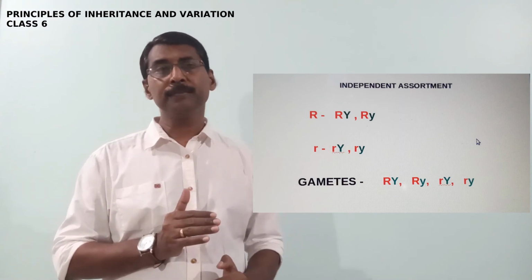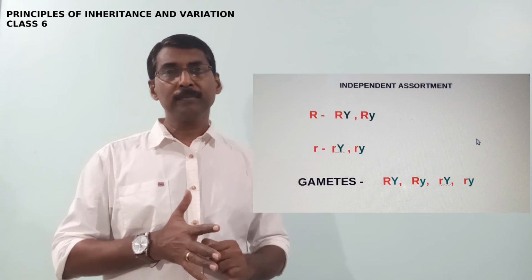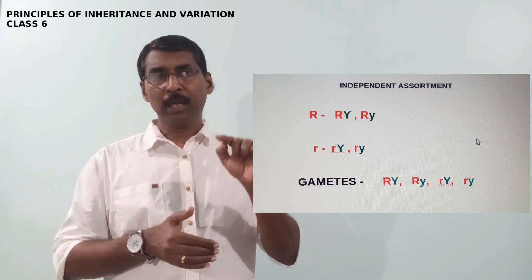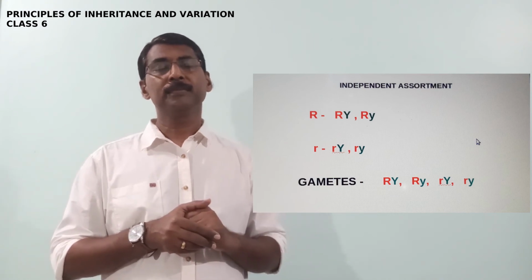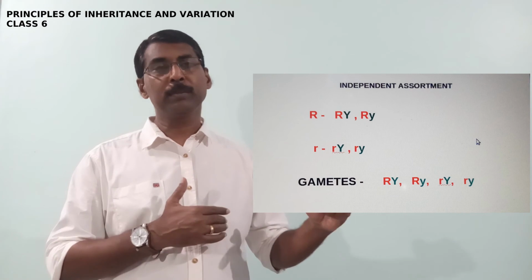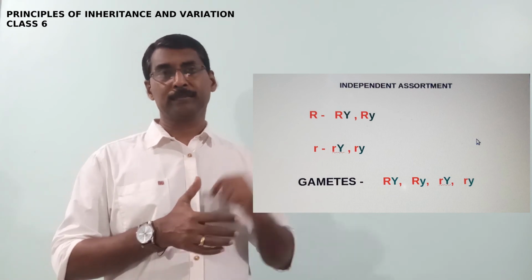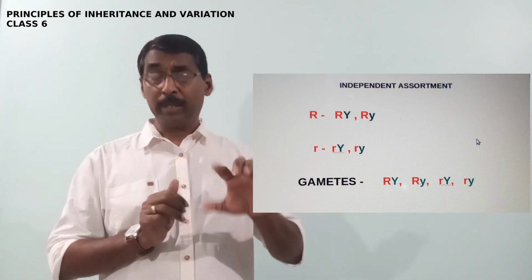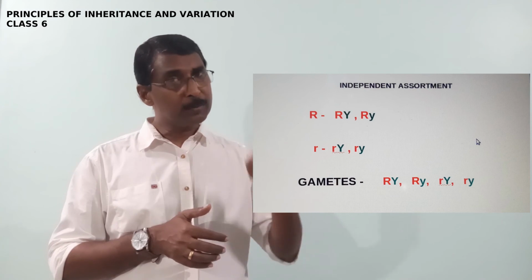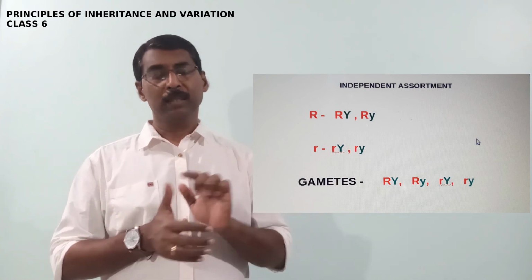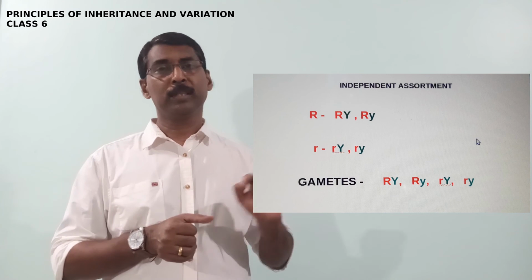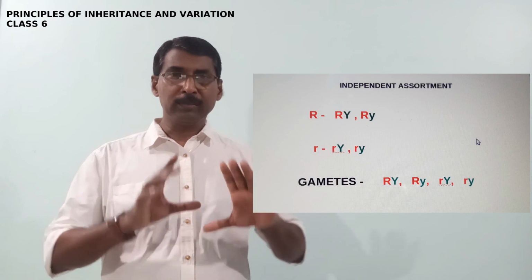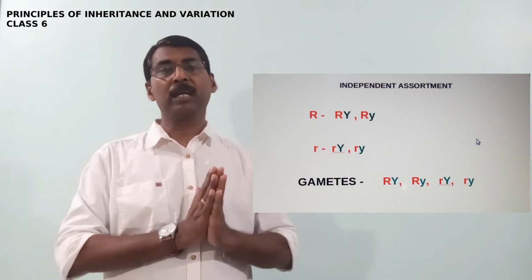Another possibility is capital R, small y, and another possibility is small r, small y. Once again, the gametes are capital R, capital Y, capital R, small y, small r, capital Y, and small r, small y. So in this way, 4 different gametes can be formed.